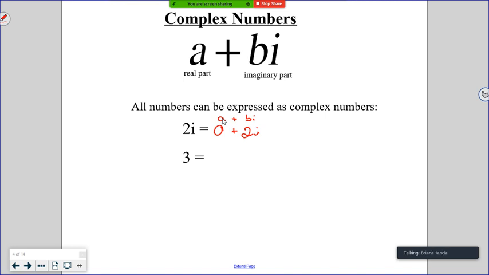Same thing on this one. Of the a and the bi, we have the real part. So if I'm missing the second part again, it would be 0i. So I could make them look like complex numbers if it asked me to, because every number, real or imaginary, can work into that complex format. Most of what we're working with today will have both parts to it, real and imaginary.